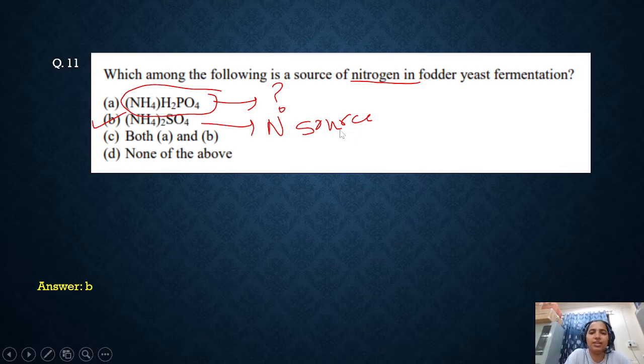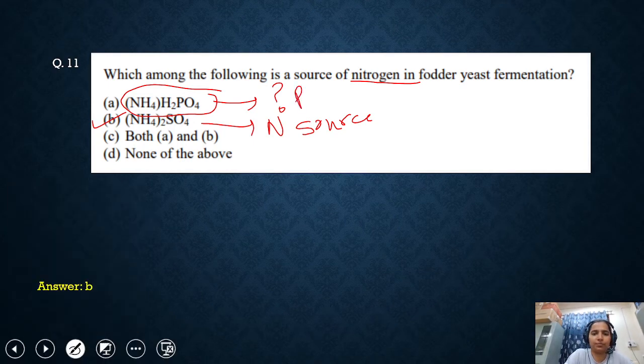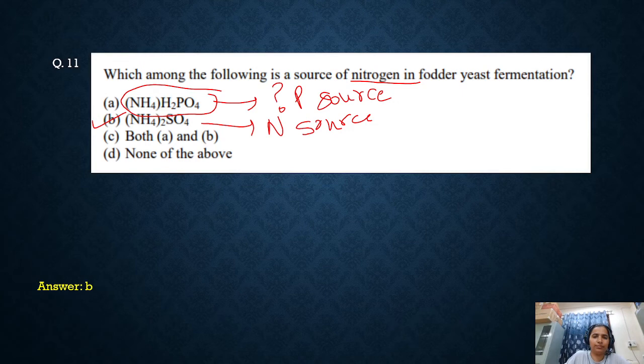This is mainly used for the potassium source. Sorry, this is a phosphorus source. This is ammonium biphosphate. So for this question, the answer is B. This ammonium sulfate is used as a nitrogen source.